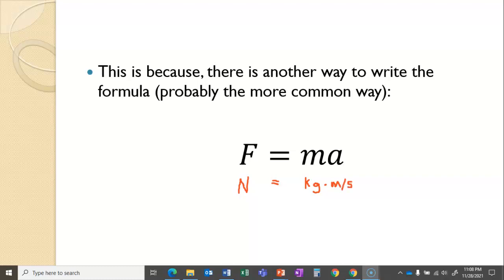Sorry, I'm writing with my finger, so this is a little slow. So 1 newton is equal to 1 kilogram times meter per second squared. Hopefully that makes sense to you.